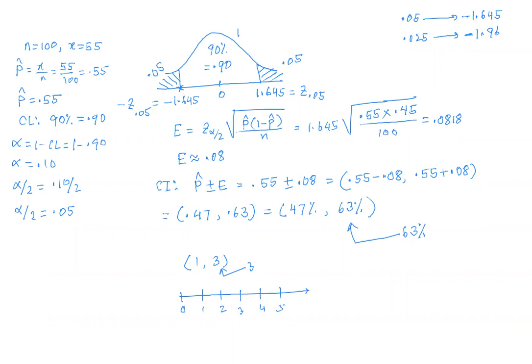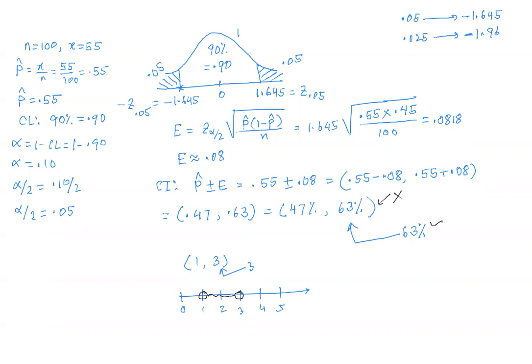So what this means is this: you are considering all the points between 1 and 3, except the boundary points 1 and 3. So 1 and 3 are not included. It's everything in between 1 and 3.